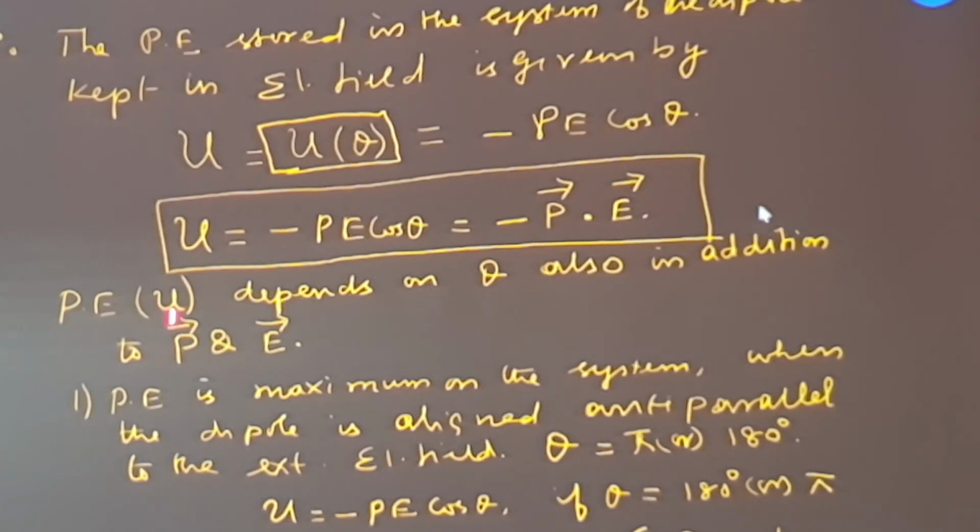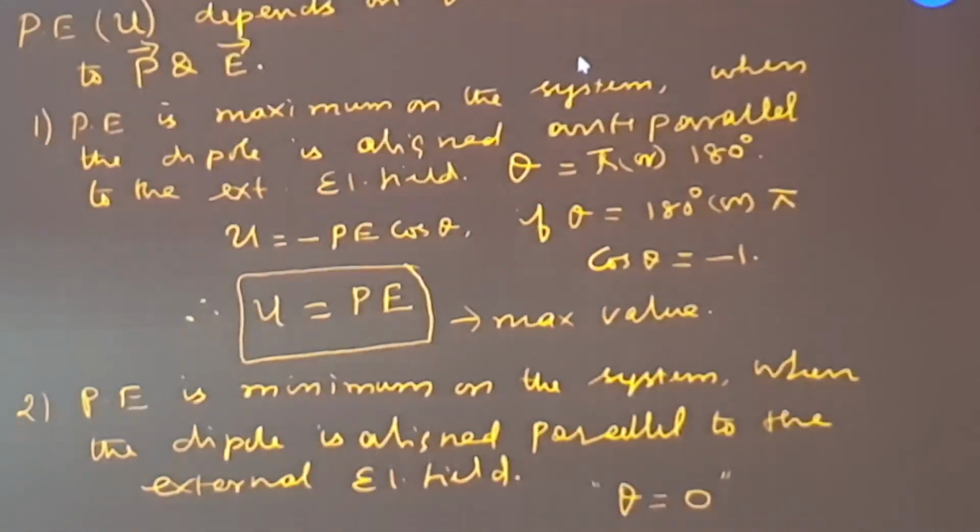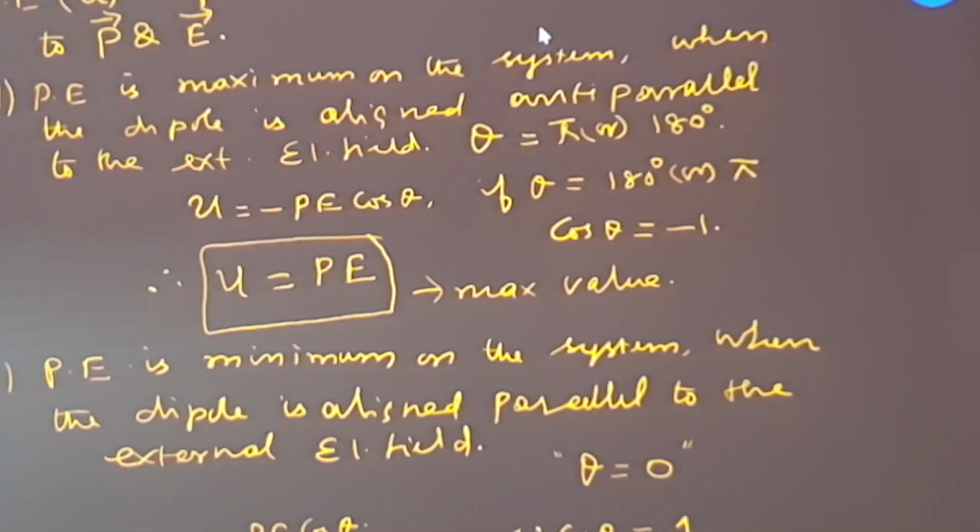Now, when is the potential energy of the system maximum and minimum? Let us consider first the maximum. The potential energy of the system is maximum when the dipole is aligned anti-parallel.